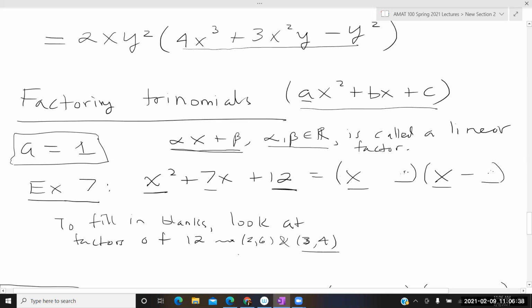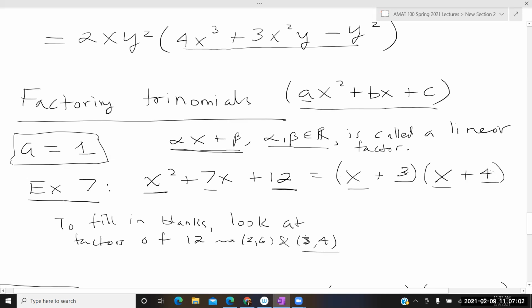There's 1 and 12, but we can rule that out immediately, because when you add 1 and 12, you do not get 7. So all that remains is 2 and 6, and 3 and 4. If you add 2 and 6, you get 8, which is not 7. But if you add 3 and 4, you get 7. So that tells us that what goes into these blanks are 3 and 4.